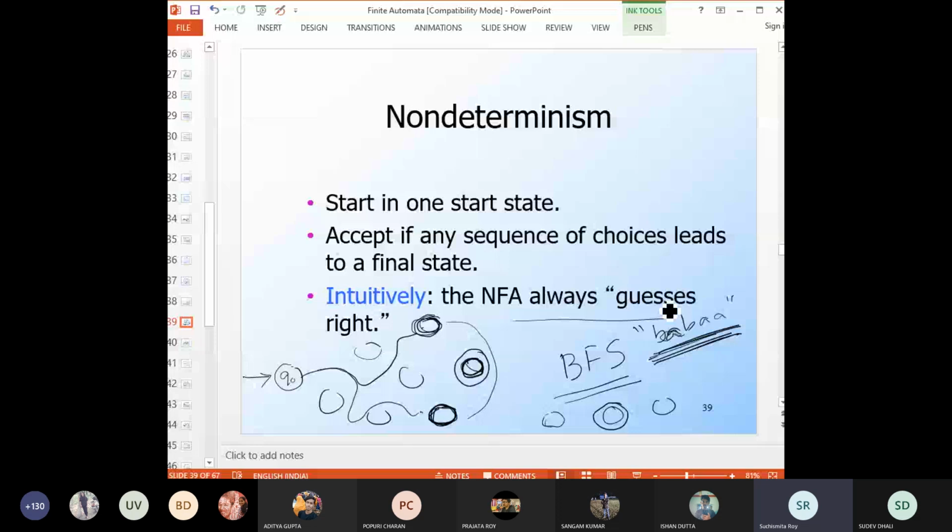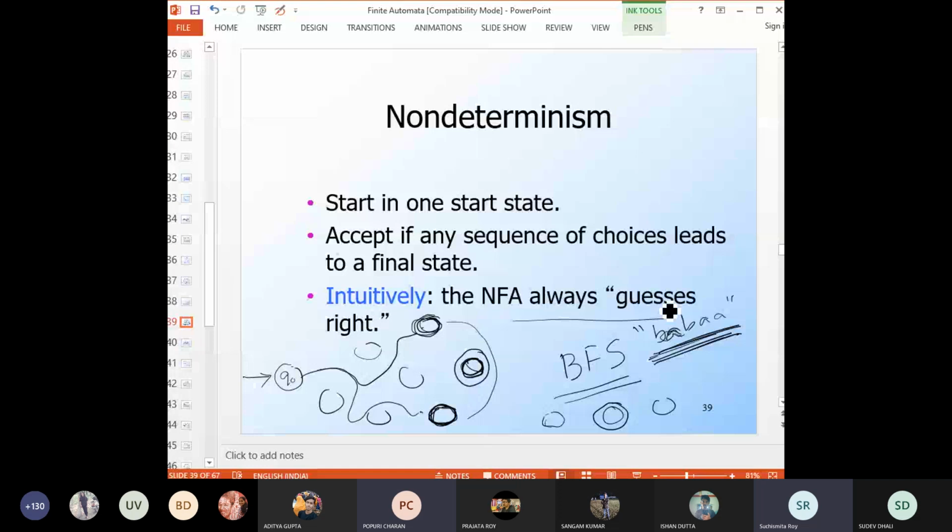So saying yes is easy, saying no is more difficult, because you cannot say no, this string is not accepted until you have checked every possibility. Does this answer many of your questions? Is this idea clear to all of you, how an NFA accepts a string?